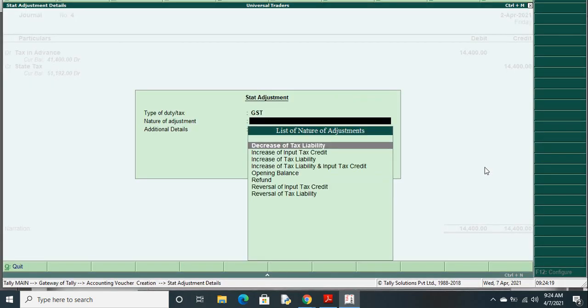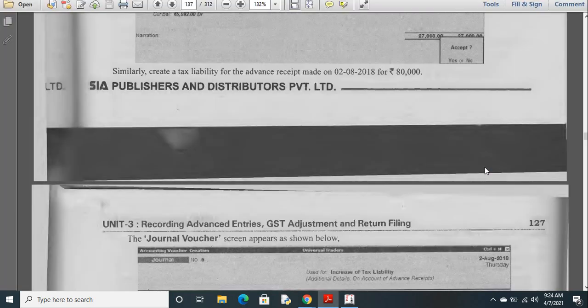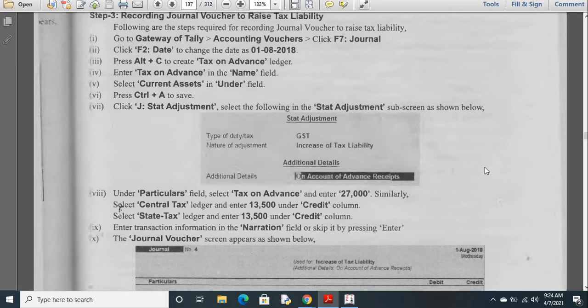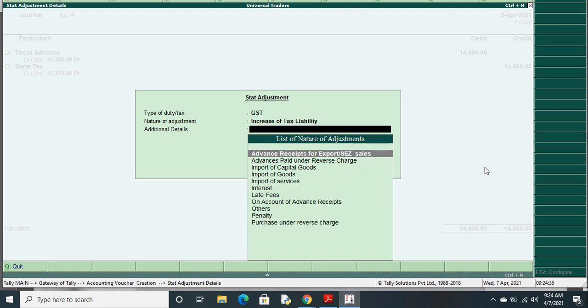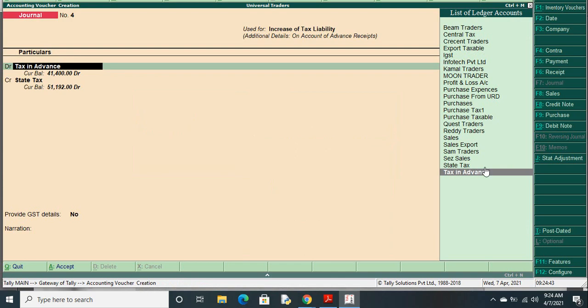GST, here we have to go with increase of tax liability and advance on account of advance receipts.